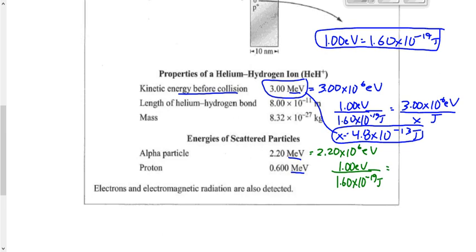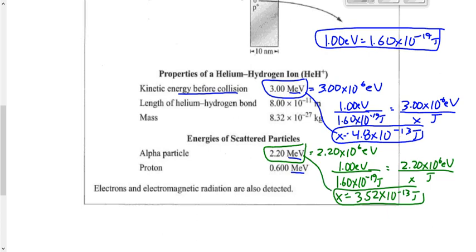That's equal to 2.20 times 10 to the 6 eV over x joules. So 1 is to 1.6 as 2.2 is to x. If we cross multiply and solve for x, it works out to be 3.52 times 10 to the negative 13 joules. So 2.2 mega electron volts is equal to 3.52 times 10 to the negative 13 joules.